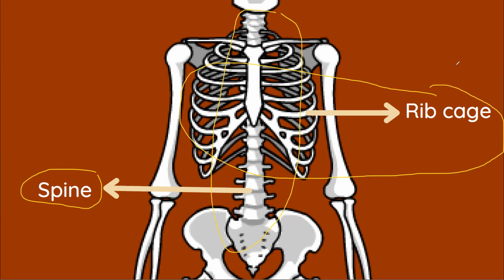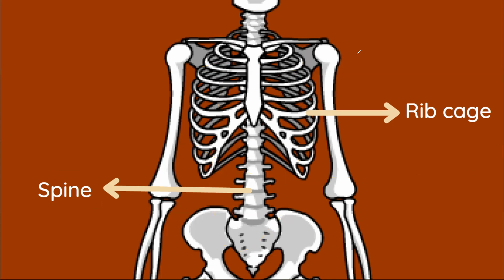Okay, very good. Backbone. Yes, another word for spine is your backbone. Class, is your backbone important? Yes, it is very important. Okay, what are the functions of the backbone? Think about it. Good. It actually supports your entire body. Without your backbone, you wouldn't even be sitting or standing right now.